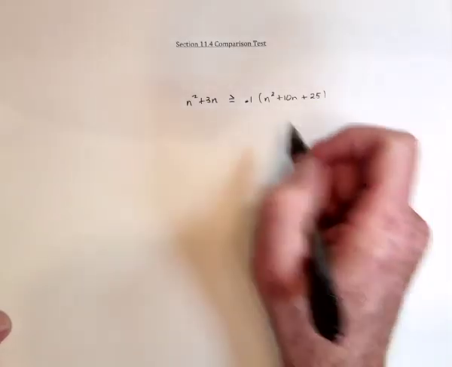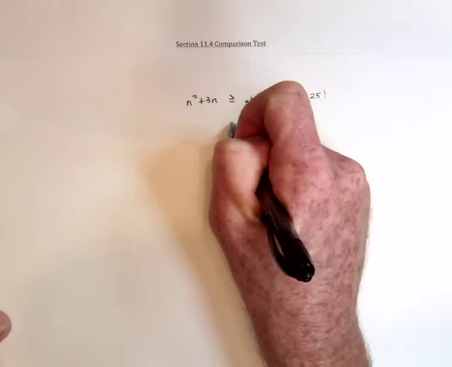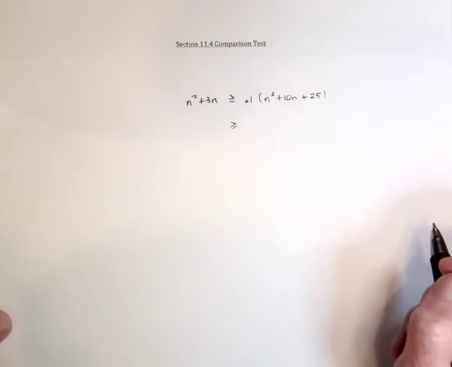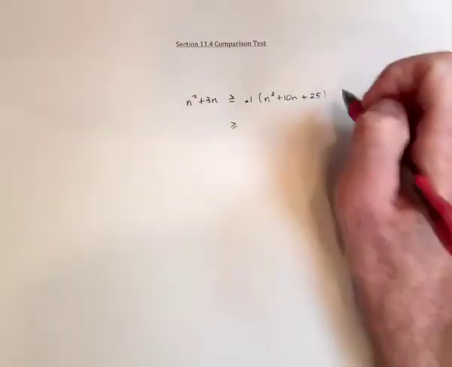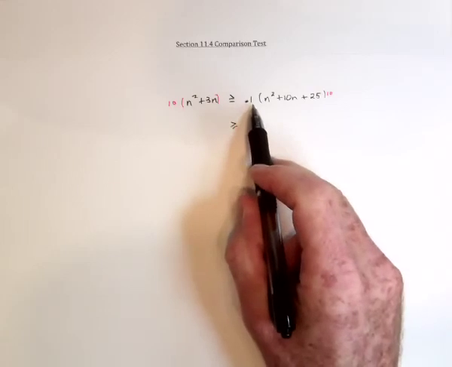So if you multiply this out, we're going to have, you know what, instead of dealing with these decimals, what I could do is multiply both sides by 10. And then that will get rid of this 1/10 right here.